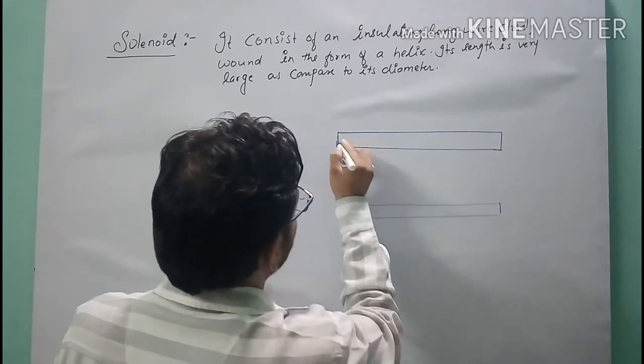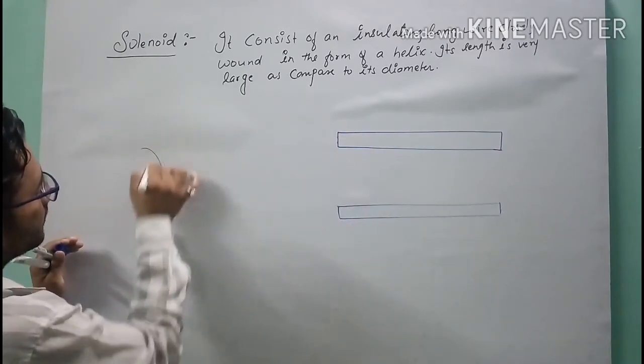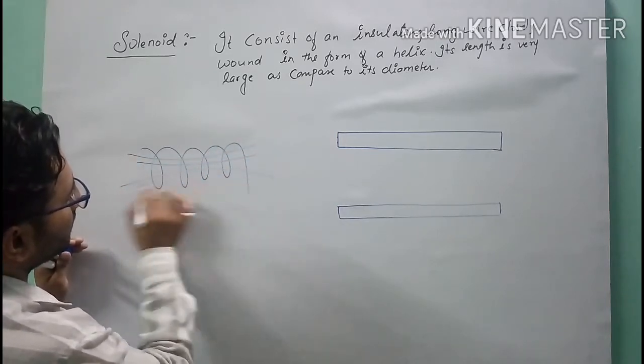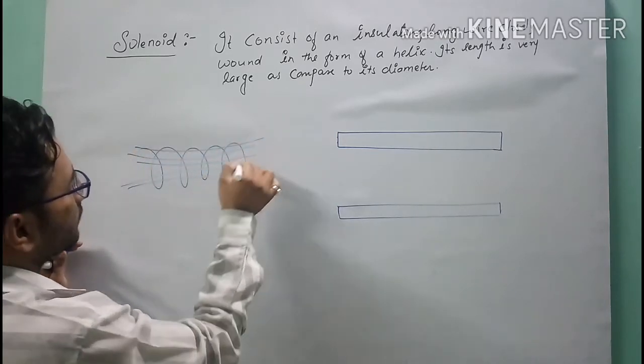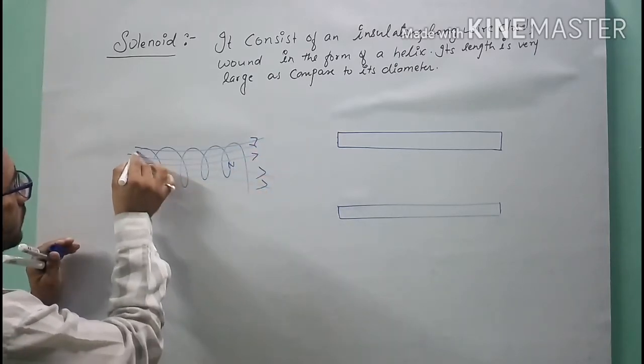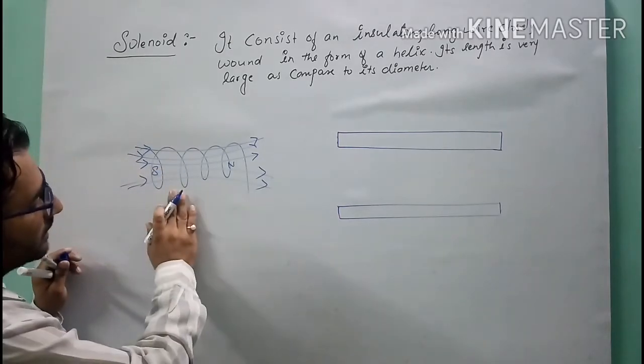Clear students? As we know from the previous diagram, the magnetic field lines pass through it, and from the north side the magnetic field lines emerge out, and at the south pole they enter the magnet.